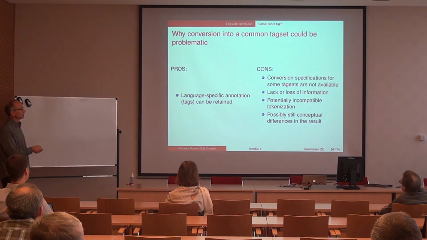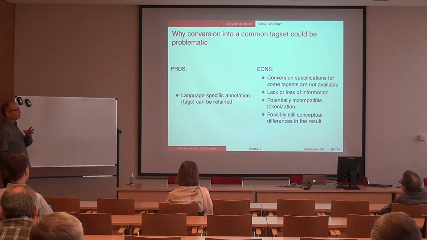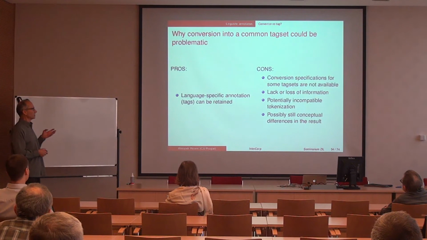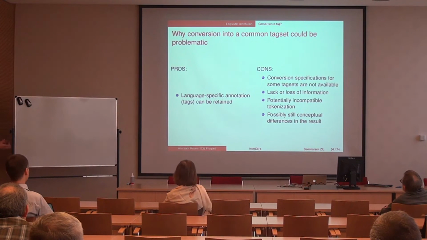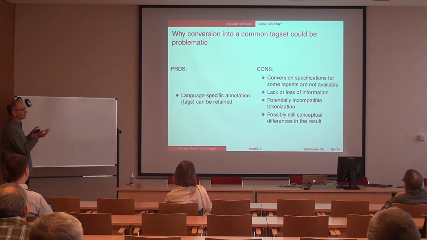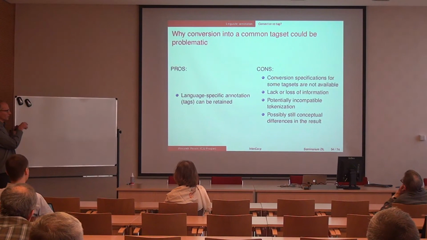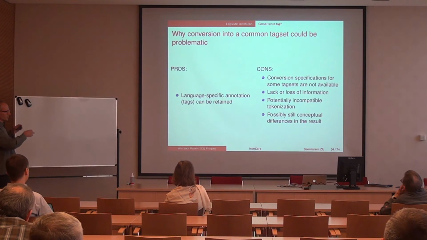So either you're lacking information, or you often lose some information. The issue with tokenization is quite crucial here, because you do not really know how to convert something from a text set that is based on orthographic words into something that is based on syntactic words, or at least includes them.